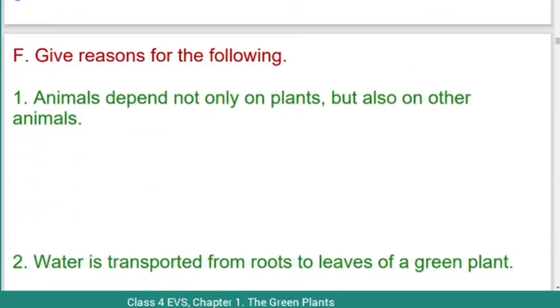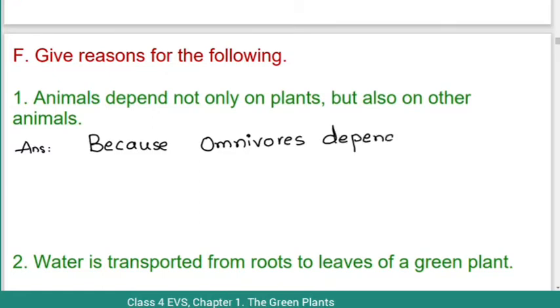Section F, give reasons for the following. First one, animals depend not only on plants but also on other animals. Answer, because omnivores depend on herbivores for their food.